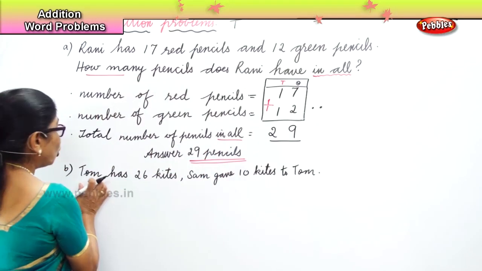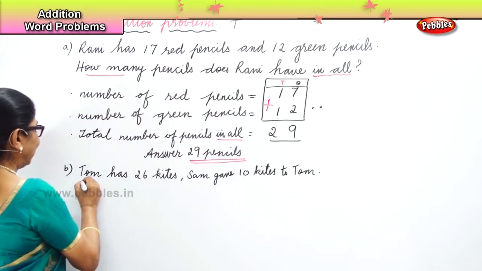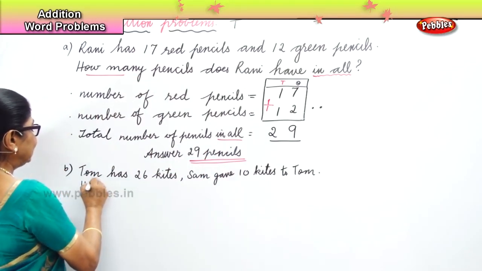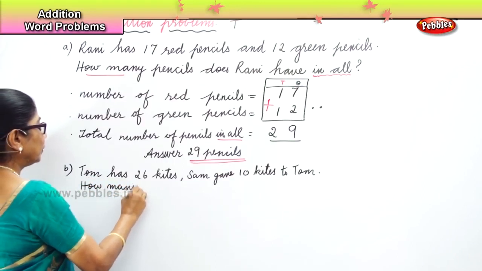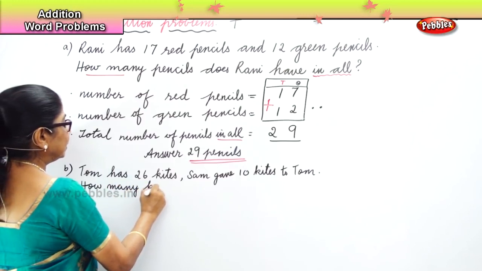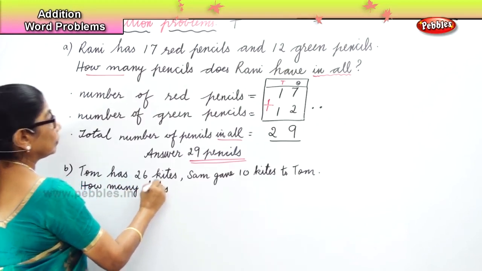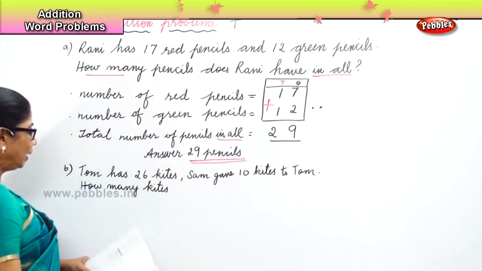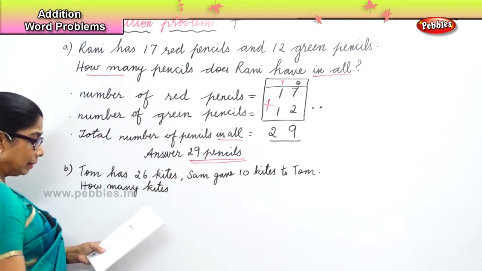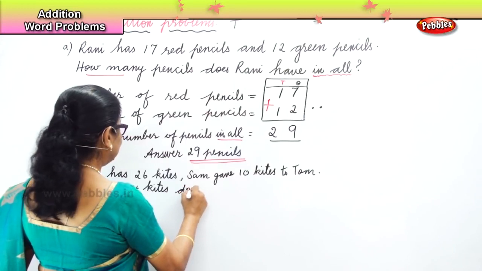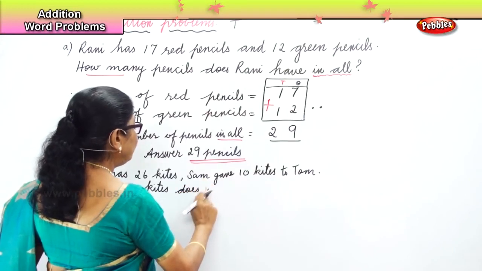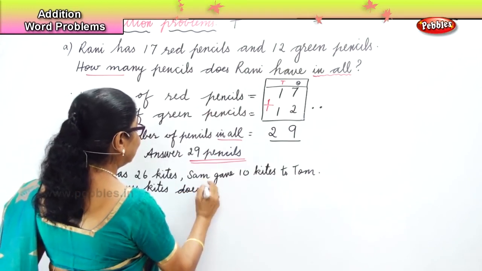Does Tom have in all? How many kites does Tom have altogether?